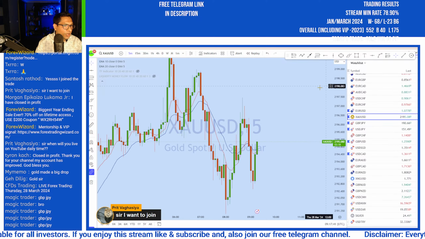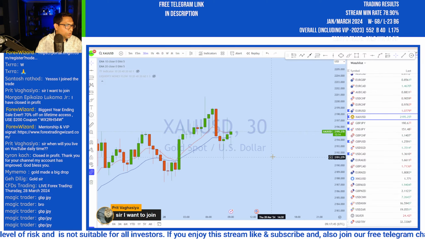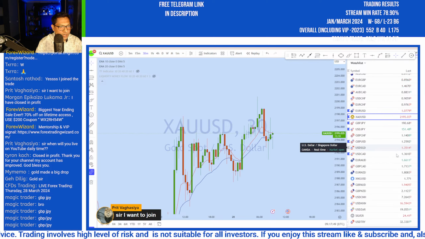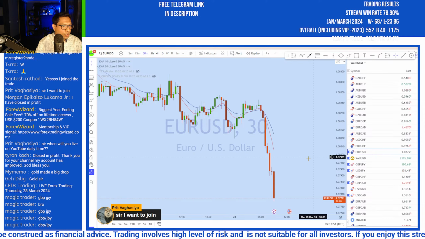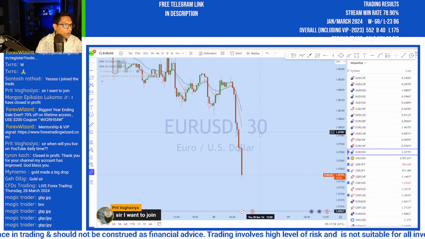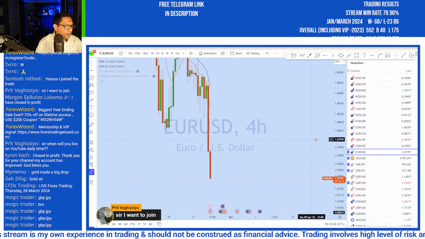But gold is going the other way around, which is a bit more unusual to see. As a rule of thumb, gold normally moves in the same direction as euro dollar, but we see that gold is moving in almost the opposite direction of euro dollar. So after this drop on euro dollar, we're expecting a very clean pullback.